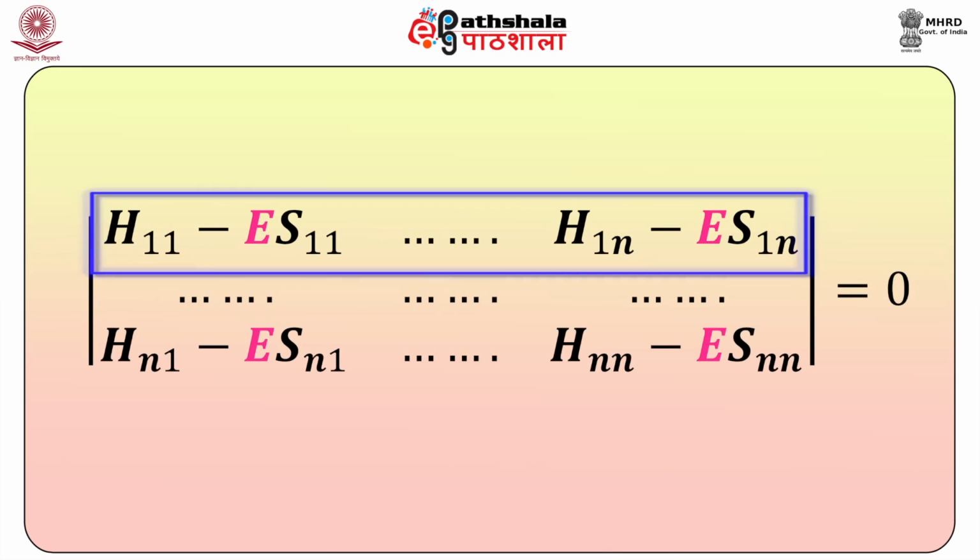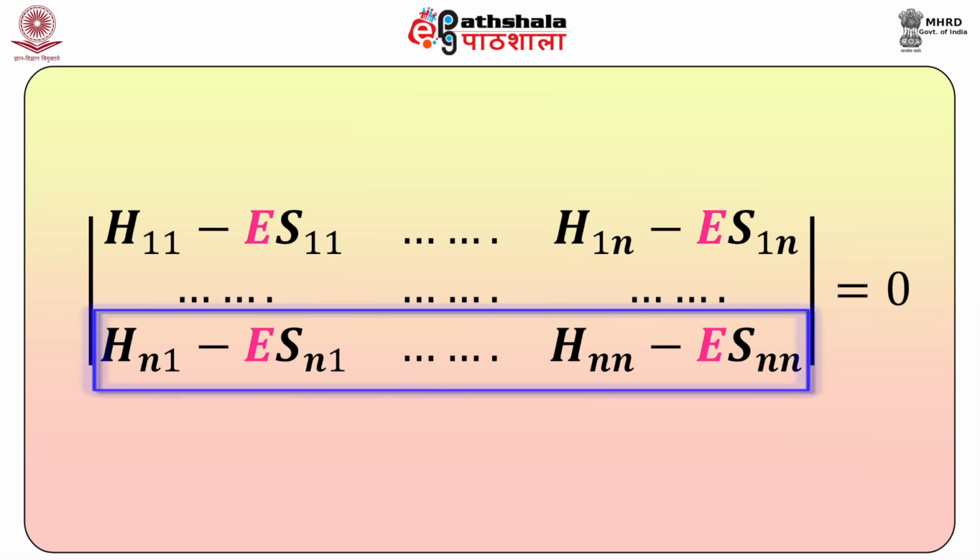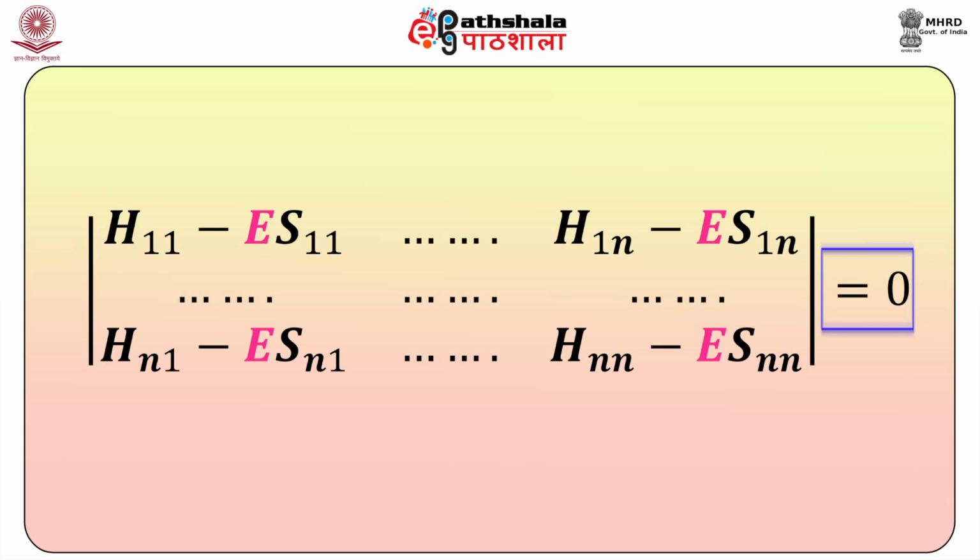The secular determinant has first row H11 minus E S11, up to H1n minus E S1n, and similarly the last row, which is Hn1 minus E Sn1, up to Hnn minus E Snn, and that's equal to 0. So that's basically the secular determinant.